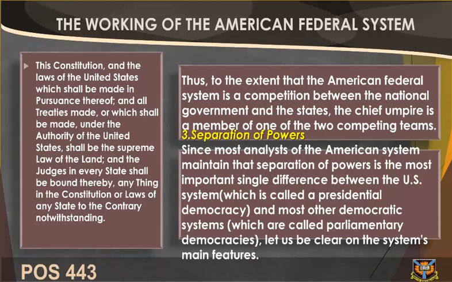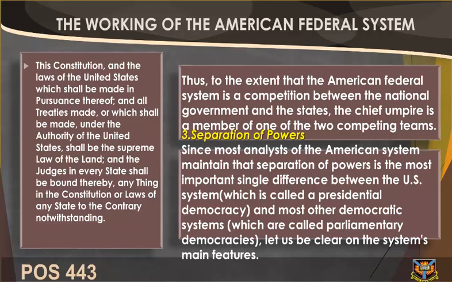Thus, to the extent that the American federal system is a competition between the national government and the states, the chief umpire is a member of one of the two competing teams.